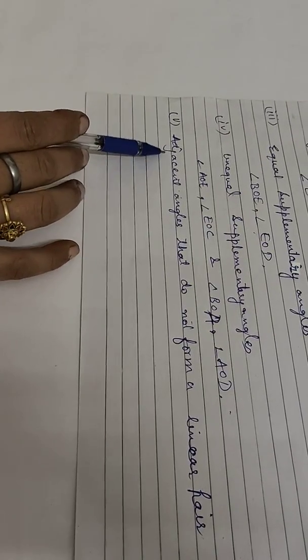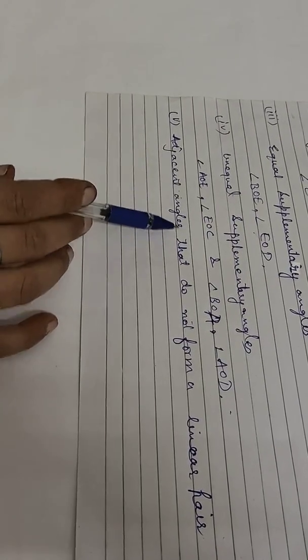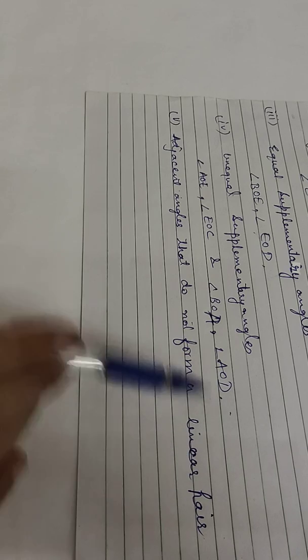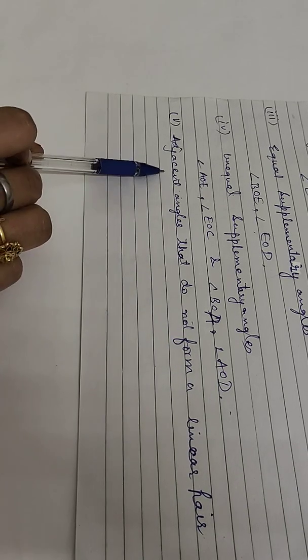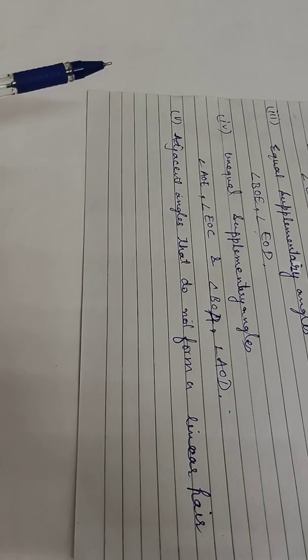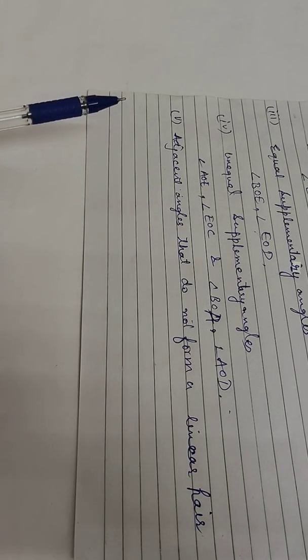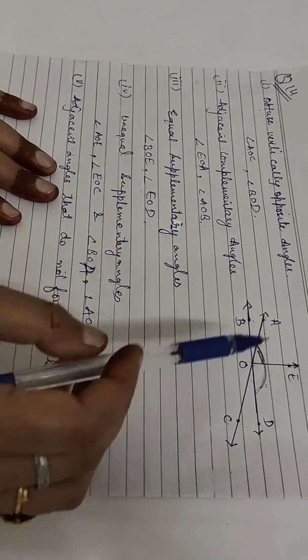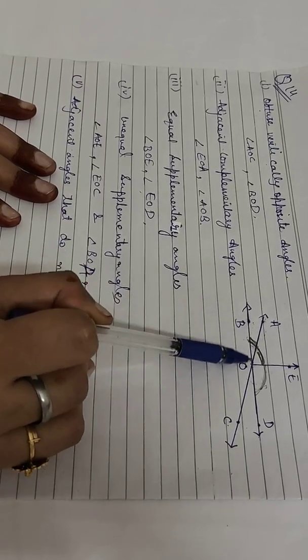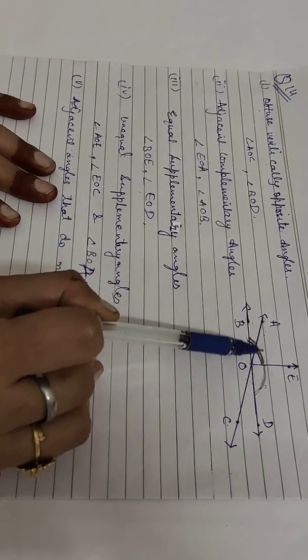Now in the fifth part, we need to find adjacent angles that do not form a linear pair. Angles should be adjacent, but they should not form a linear pair, meaning the sum of those adjacent angles should not be 180 degrees. For that, you can see there are many pairs. So let us write two or three. The first can be angle BOA and angle AOE.